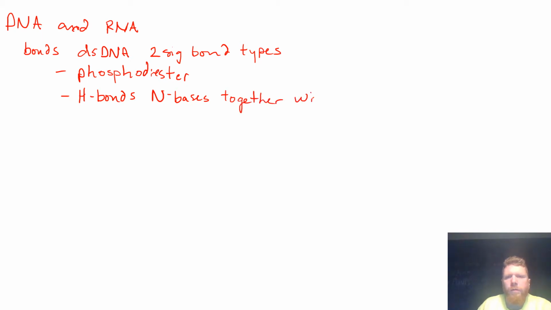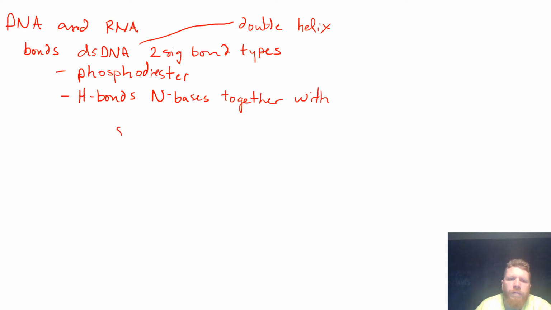It's important to know that the dsDNA, the double-stranded DNA, is a double helix. At the interior of that double helix are your nitrogenous bases. On the exterior, that's where you're going to find those phosphodiester linkages. To put it very crudely, this is basically one side of a backbone of a DNA molecule.